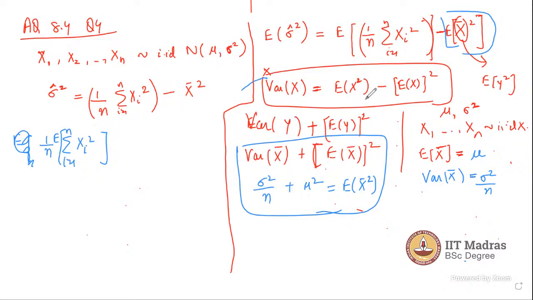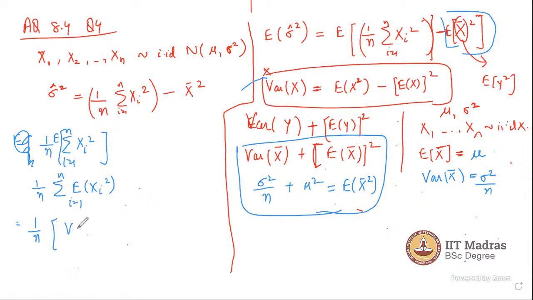The same thing we can do over here. You can take the expectation inside, that is a property, and you can write sum over expectation of xi square, i varying from 1 to n. So if you do the same thing here, you will get 1 upon n.